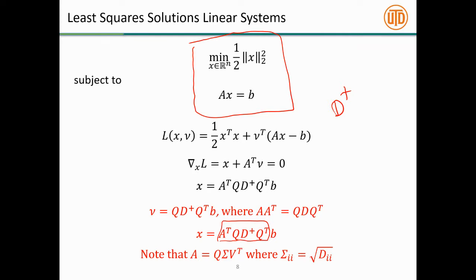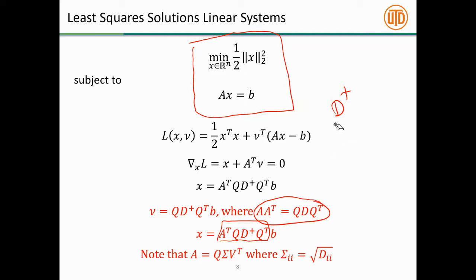Remember that the way this argument worked is we constructed AA transpose. We used its eigenvector eigenvalue decomposition, which was QDQ transpose, and then D plus was the inverse of the non-zero entries of the diagonal of D. We can turn this argument and complete it into a really nice expression for X by noting that A has to be equal to Q sigma V transpose.